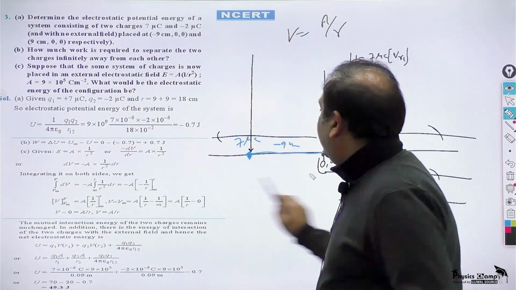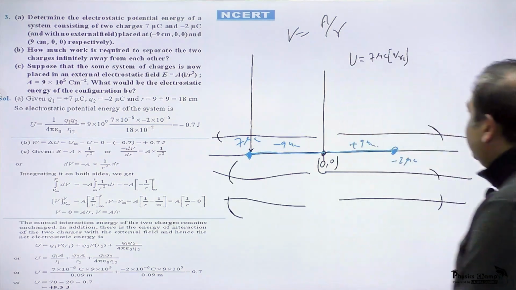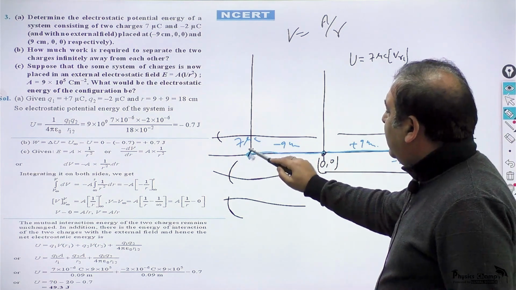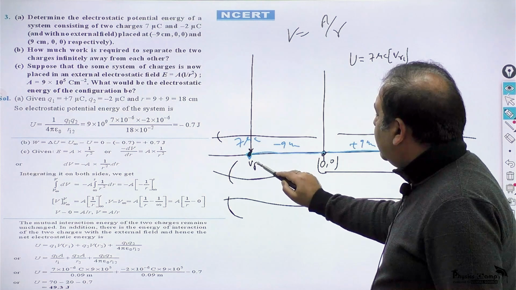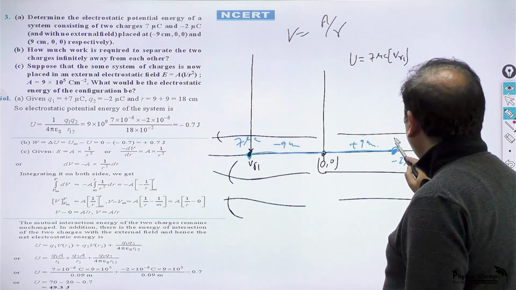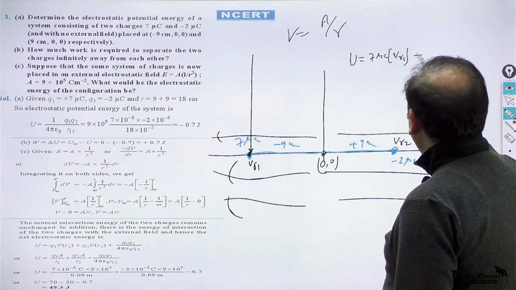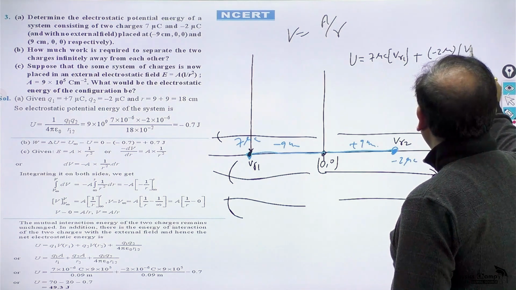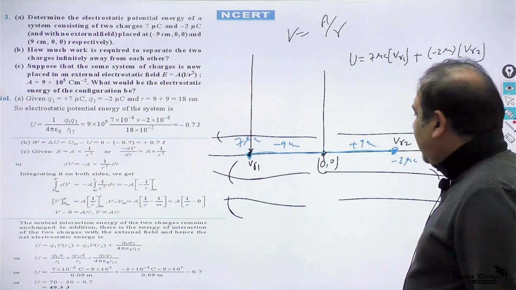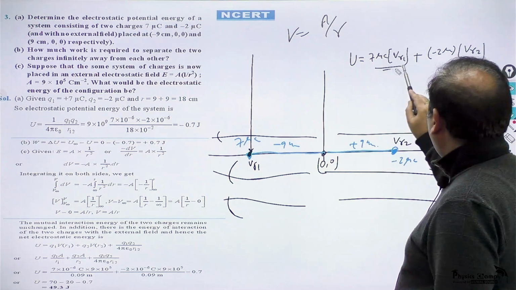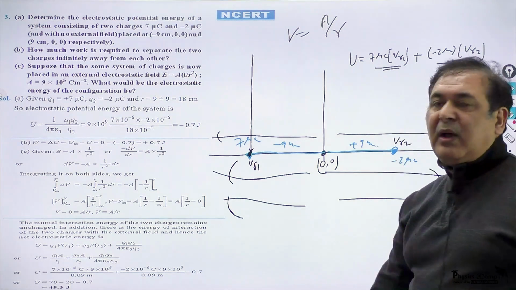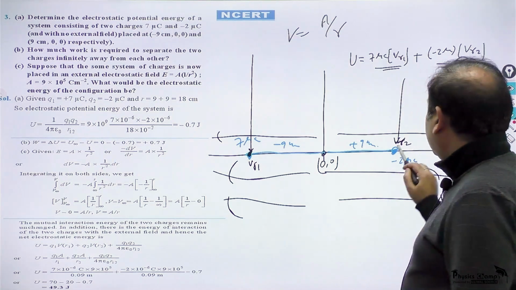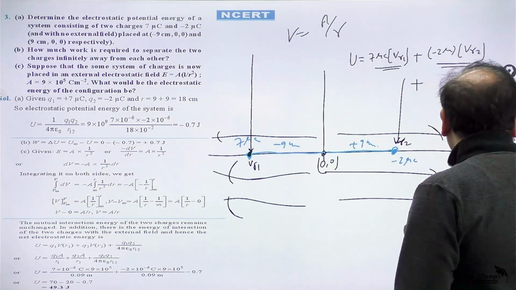There is an electric field already existing, so there will be certain potential here already, VR1, and certain potential here already, VR2. So there will be minus 2 microcoulomb into VR2. This is the work done to bring the 7 microcoulomb charge to this potential.